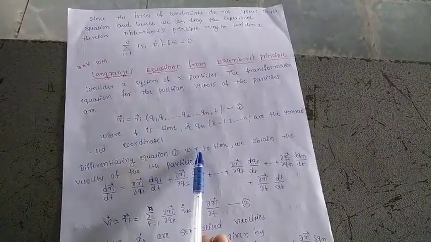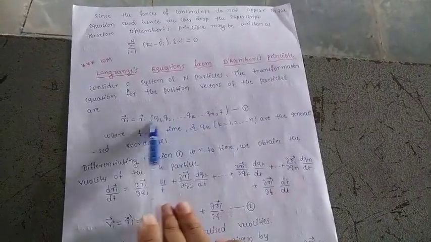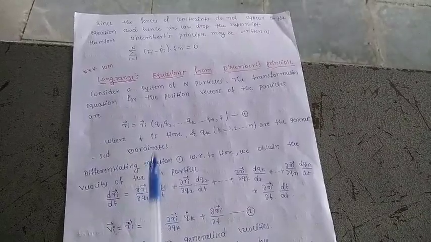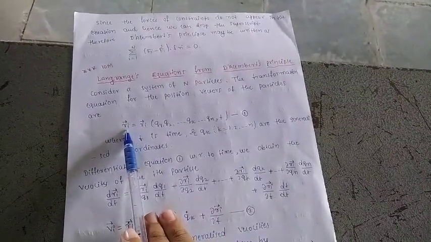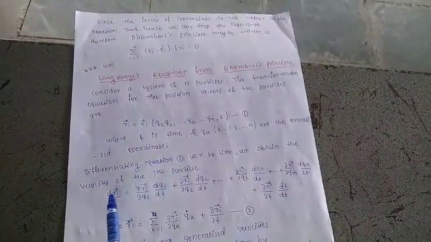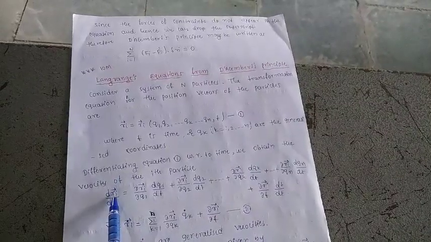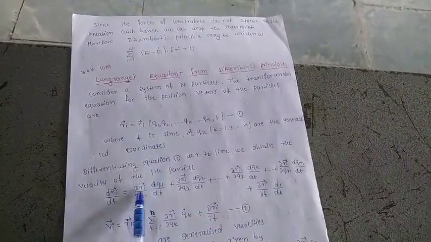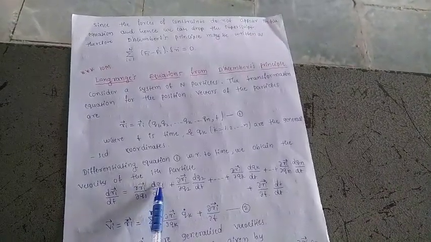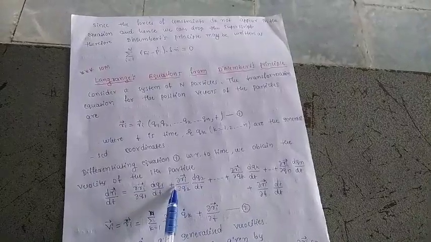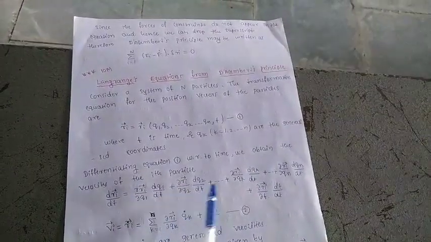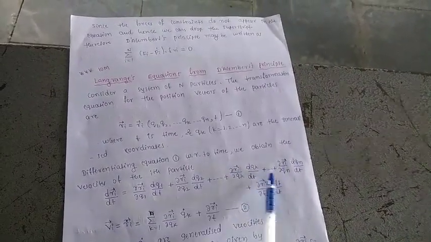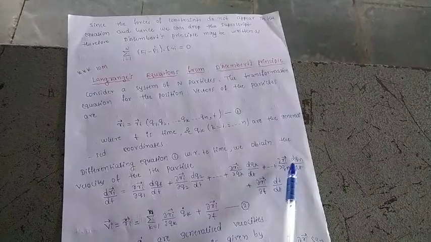Now differentiate this equation number 1 with respect to time. When we differentiate the position vector with respect to time, we obtain the velocity of the ith particle. dRi by dt is equal to the partial derivatives: dou Ri by dou q1 into dq1 by dt plus dou Ri by dou q2 into dq2 by dt plus up to dou Ri by dou qk into dqk by dt, plus for the nth term dou Ri by dou qn into dqn by dt.